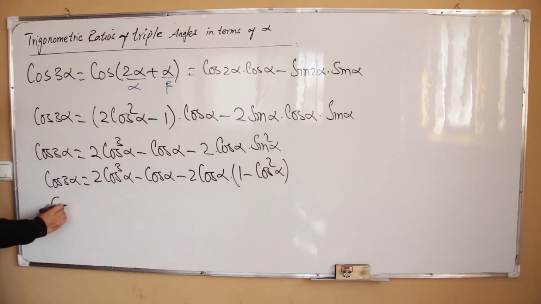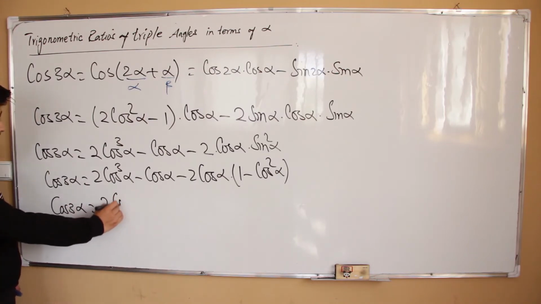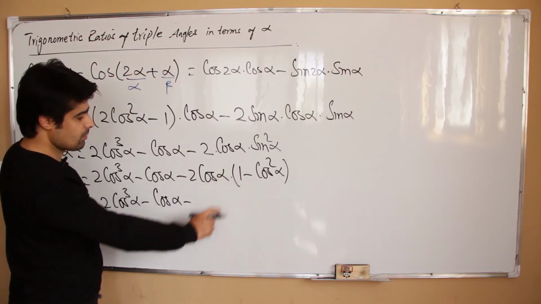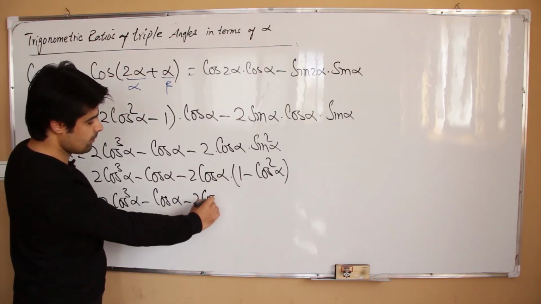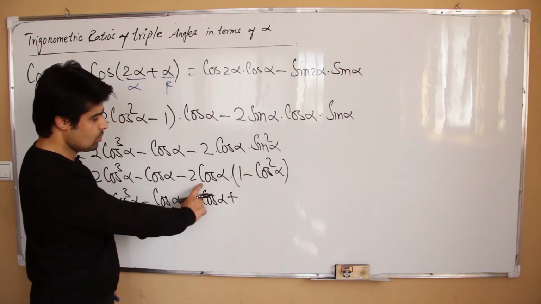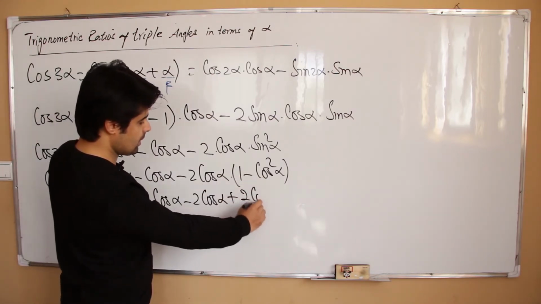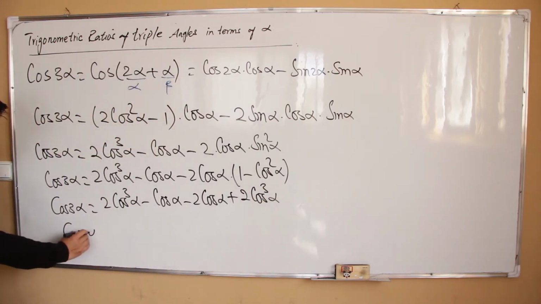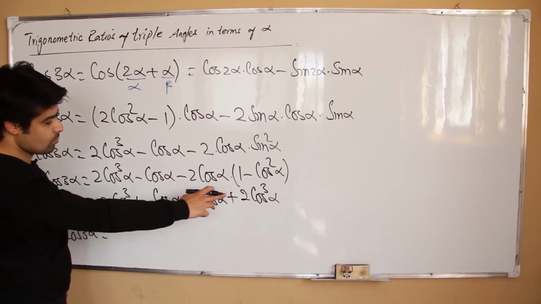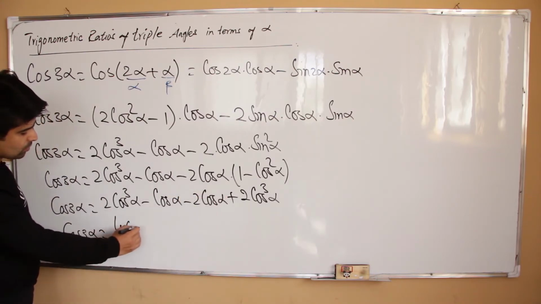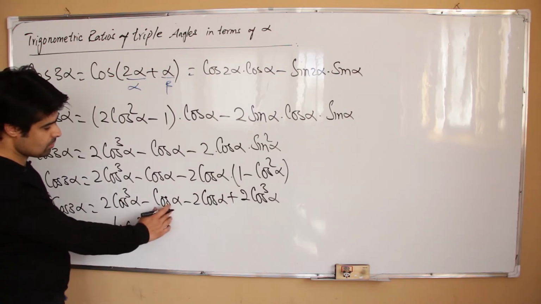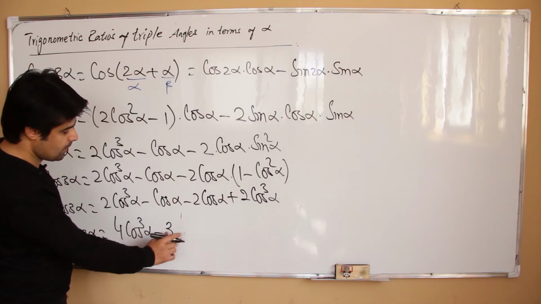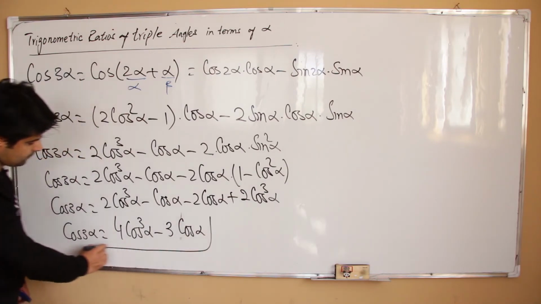Cosine of 3 alpha is 2 cosine cube of alpha minus cosine alpha minus 2 cosine alpha times 1, which is 2 cosine alpha, minus minus positive 2 cosine times cosine, 2 cosine cube of alpha. So 2 cosine cube plus 2 cosine cube is 4 cosine cube of alpha, minus cosine minus 2 cosine, it is minus 3 cosine alpha.